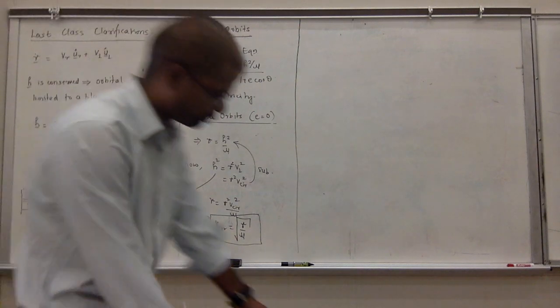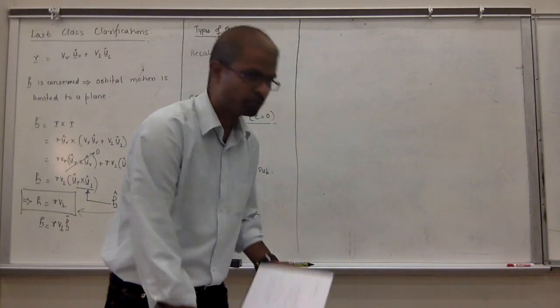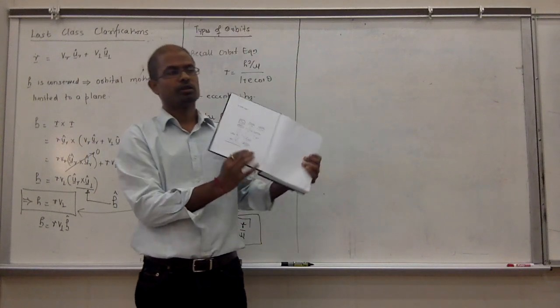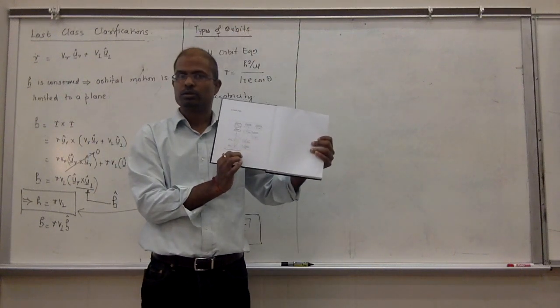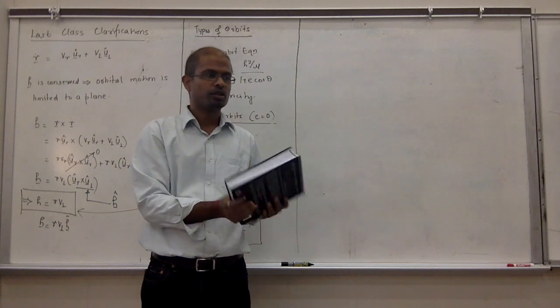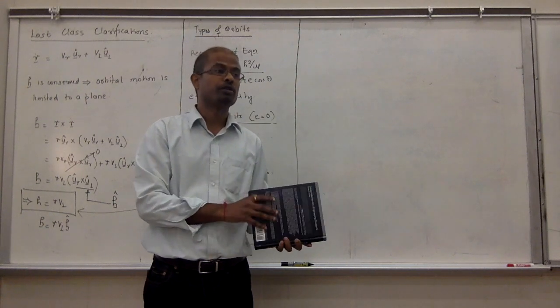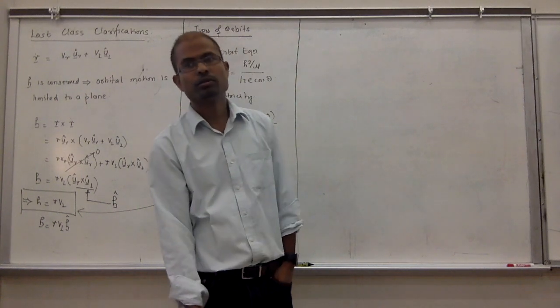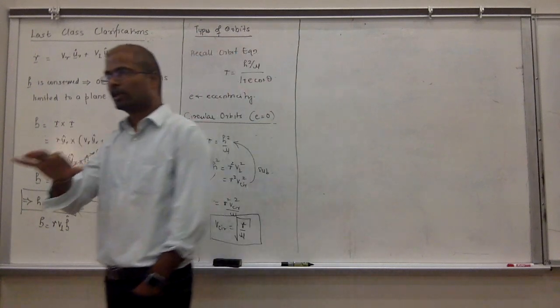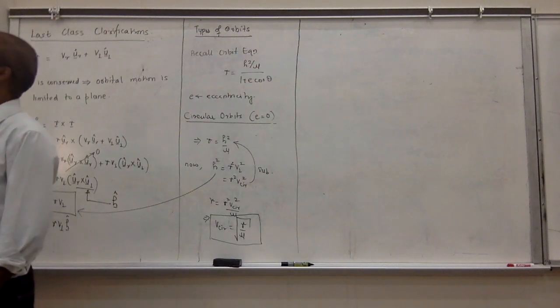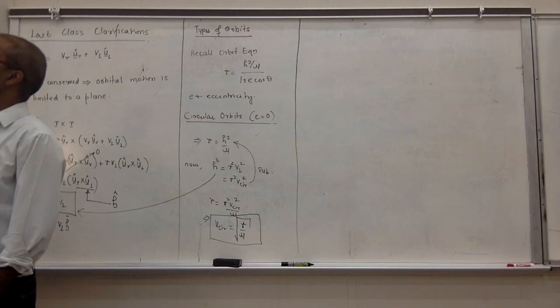The second edition actually has this behind the cover. There's a roadmap. But in the third edition, you just have to go to Appendix B. That is what the course is about.